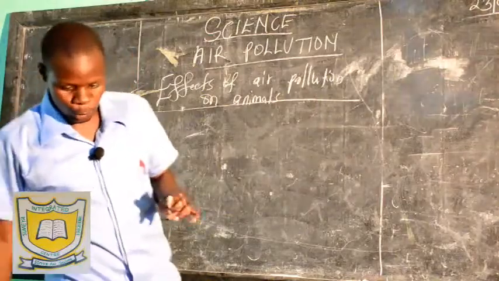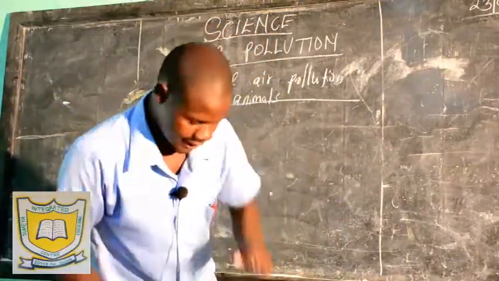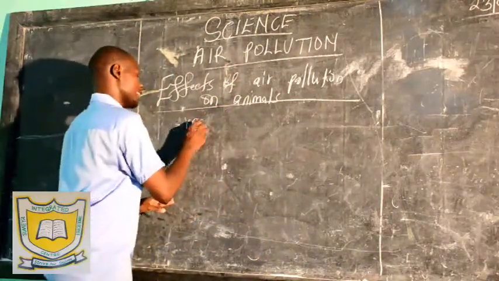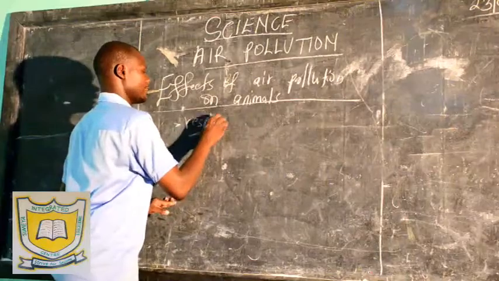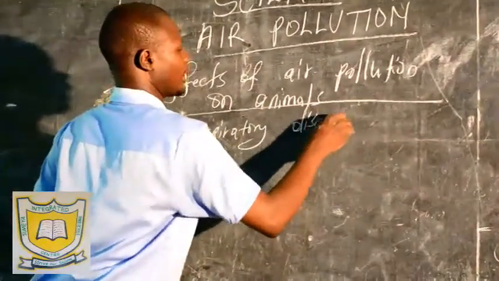Effects of air pollution on animals. Number 1, it causes respiratory diseases to animals.